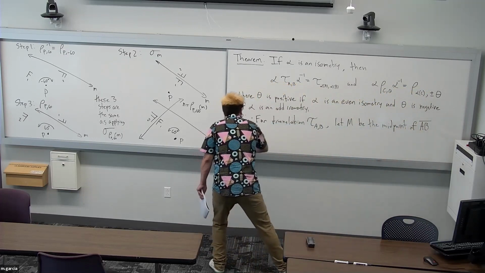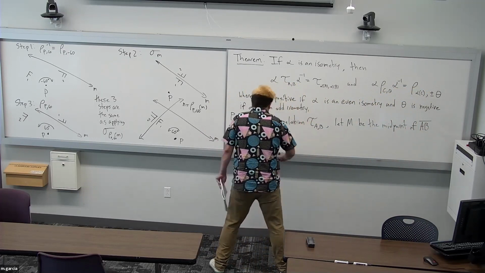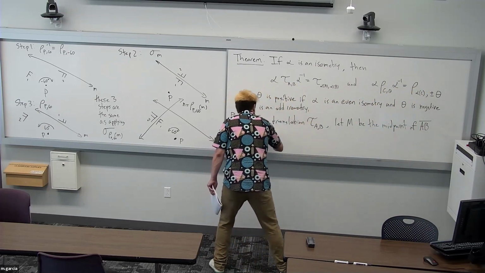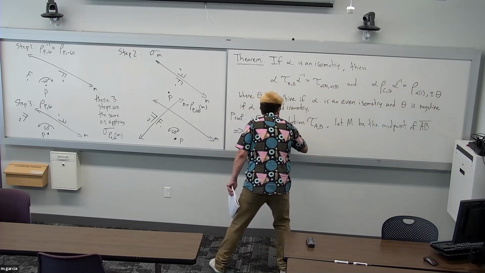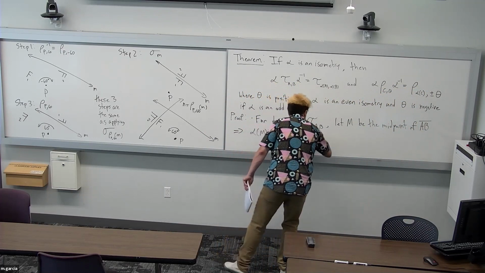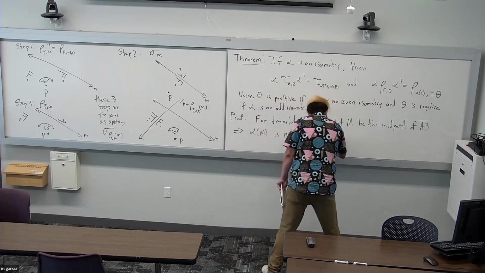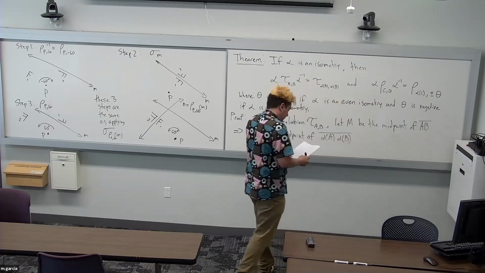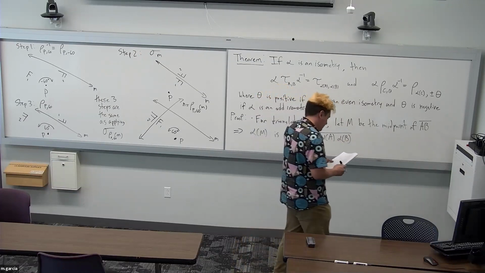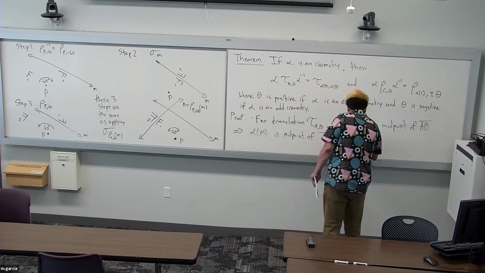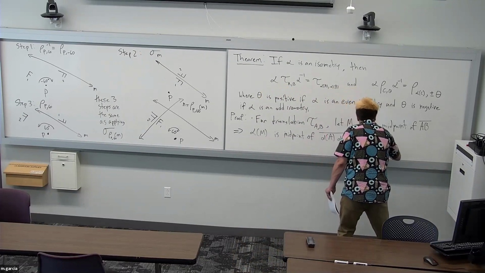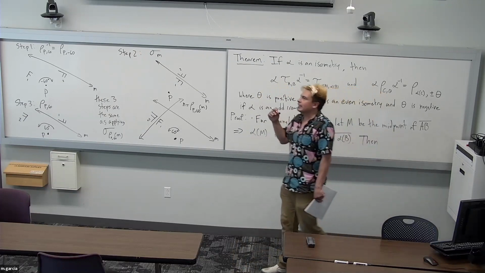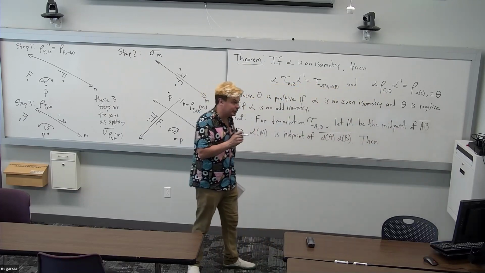Which, of course, since alpha is an isometry, means alpha M is the midpoint of alpha A, alpha B. So then recall, we can write a translation as a product of half turns, right?